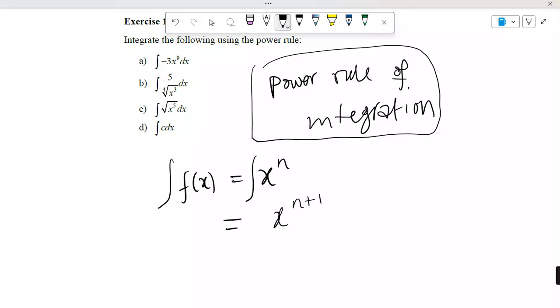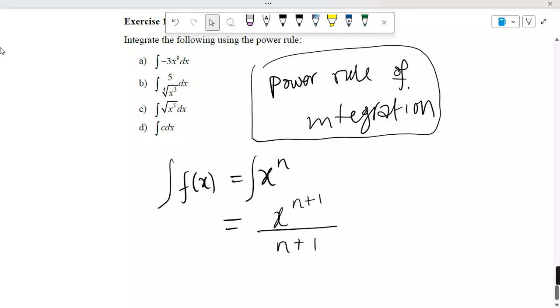The only difference between integration and differentiation is that in differentiation you drop the power and subtract 1, but here you add the power and divide by the same addition of the power.